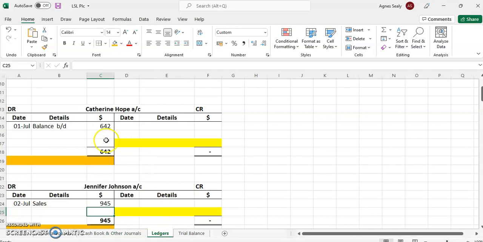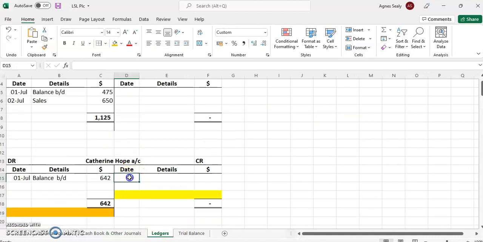So let's go to Catherine Hope. And that is on July 1st. So 1st of July, bank, $304.95.